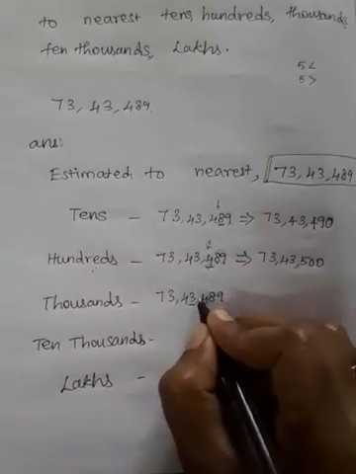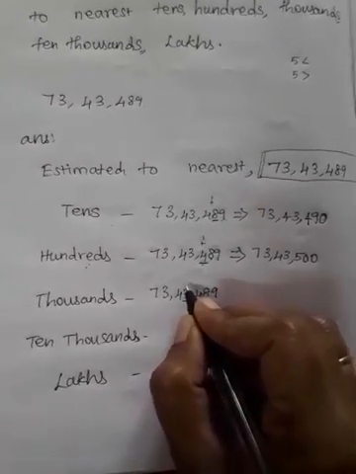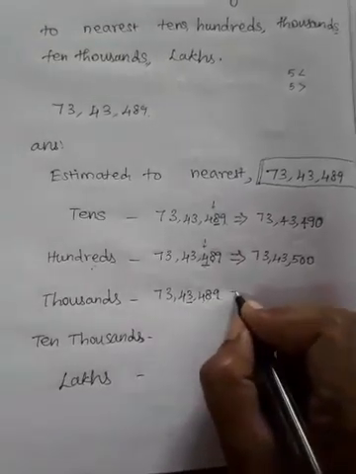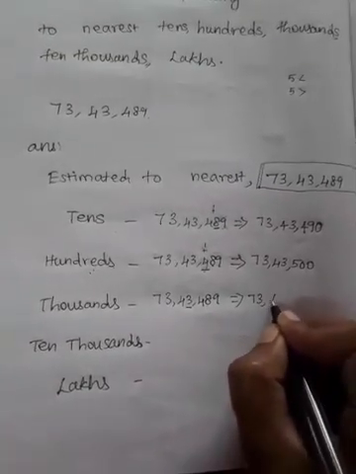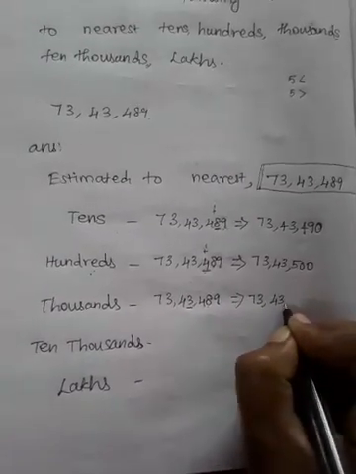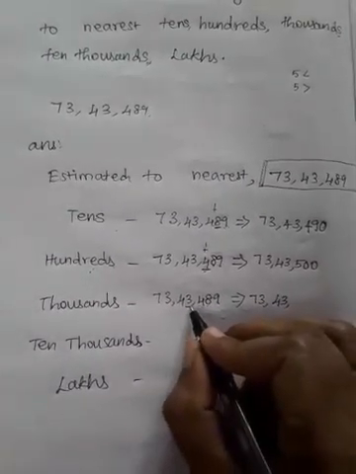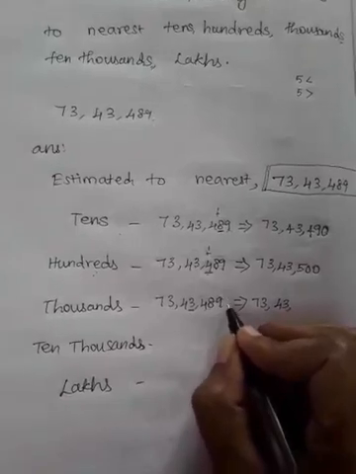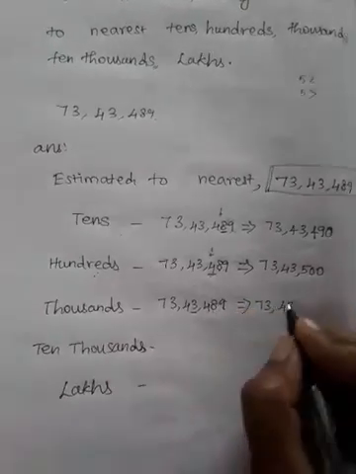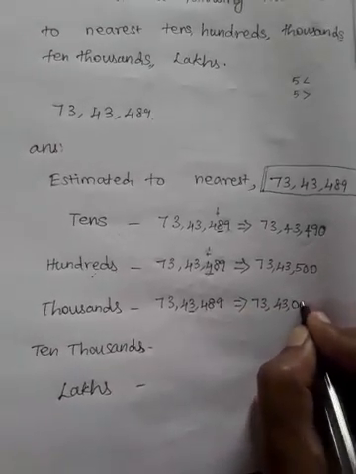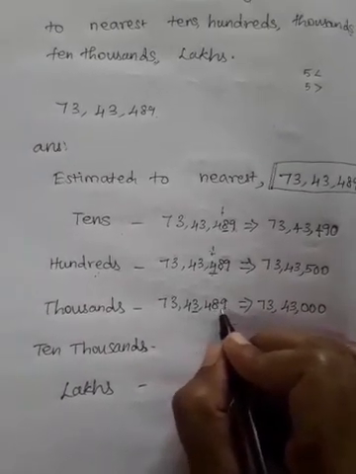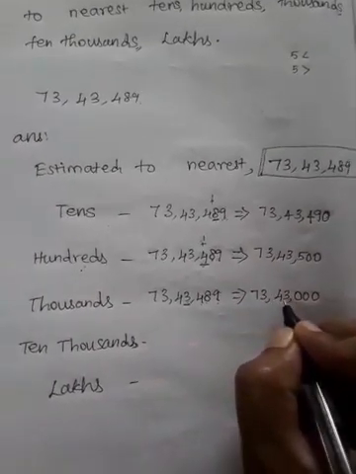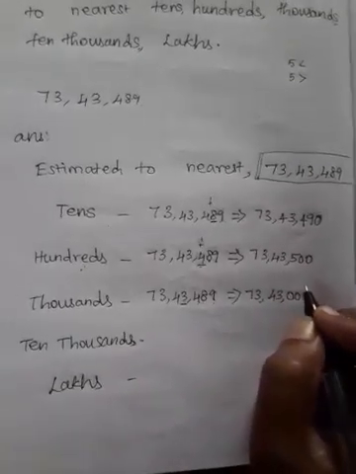So 4 is less than 5, so you don't want to add anything. Simply you want to write like this. Listen carefully. 73 lakhs 43,000. After the underline, what I said, you want to write all the numbers as 0. So write 3 zeros. Now 43,489 can be estimated as just 43,000.